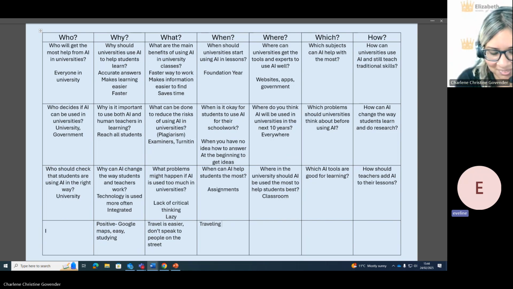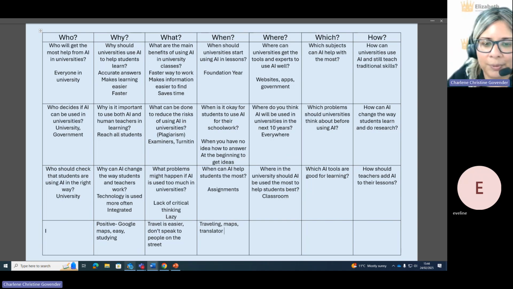I don't know what's going on sometimes. So I use it more for Google Maps or translator as well. And I think that's all I use. Is everything, yeah, Google Maps and translator. Super.